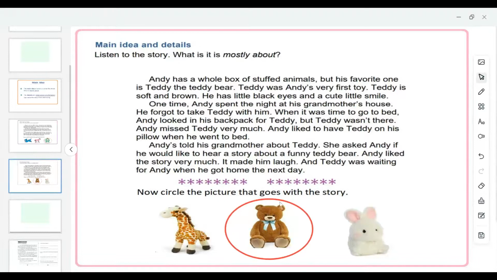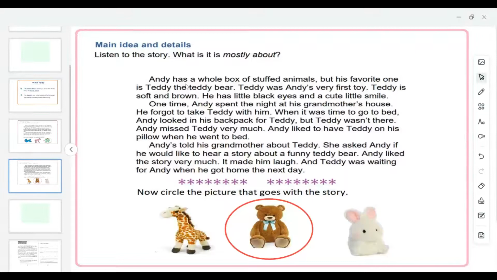The story talked about the teddy bear, the teddy. All of them are soft toys, but they are not the soft stuffed animals. Okay? This is called main idea.